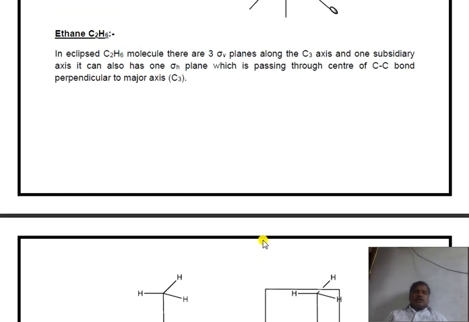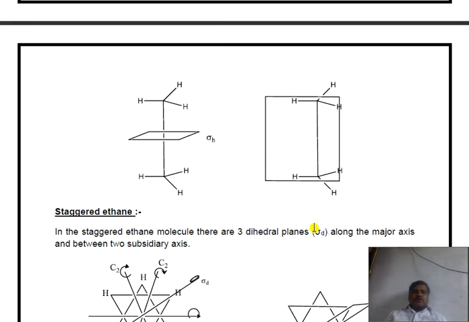In the ethane molecule, eclipsed ethane: this is the carbon, to which three hydrogens are attached, and another carbon, to which three hydrogens are attached. In between, a plane of symmetry is present.